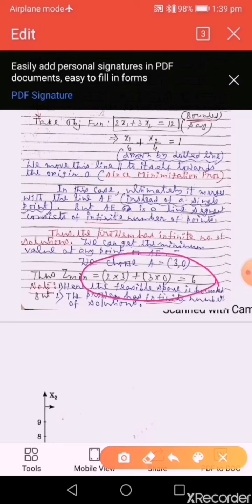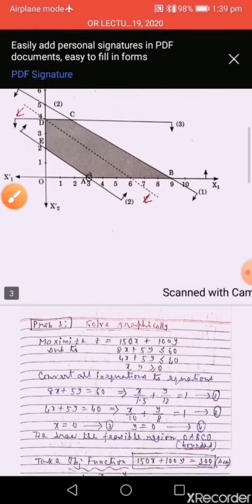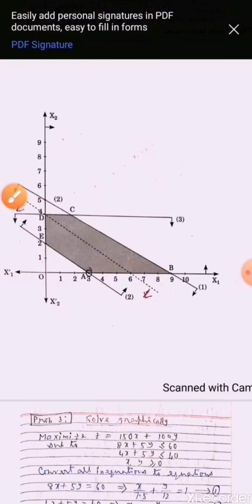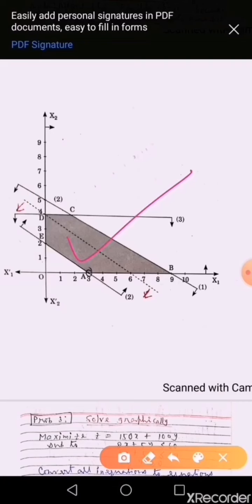It minimizes the objective function to 6, and here we are getting an infinite number of solutions, as for any point on AE, if we put it in the objective function, every time we will get 6. So here the number of solutions is infinite, not only 3,0 but any point on this line segment. And the feasible region here is also a bounded region. Okay, thank you.